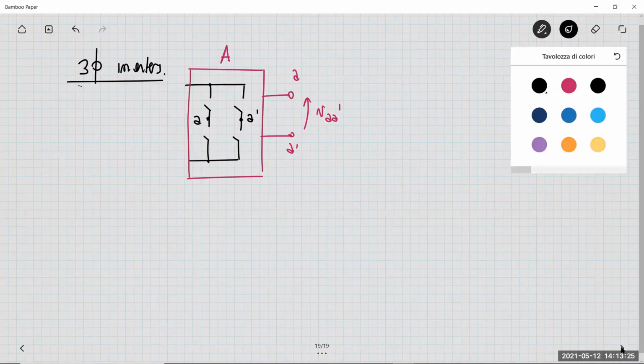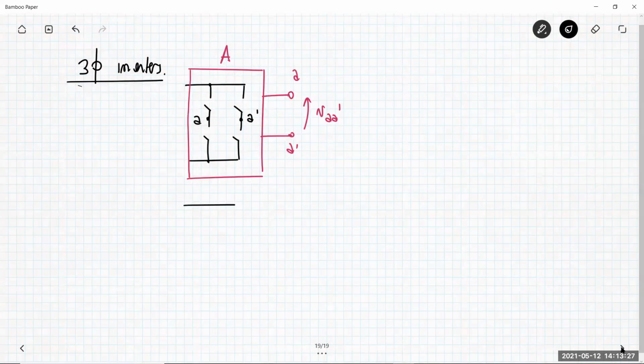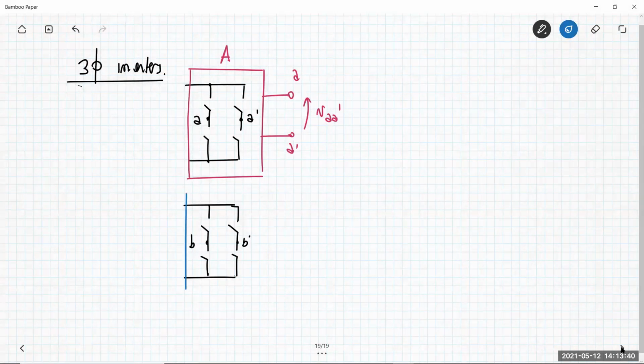Let me put here another block, which is the second inverter. The second inverter has output B and B prime. This inverter is the inverter B. And then you have two outputs that are B and B prime, and between these two we have VBB prime.